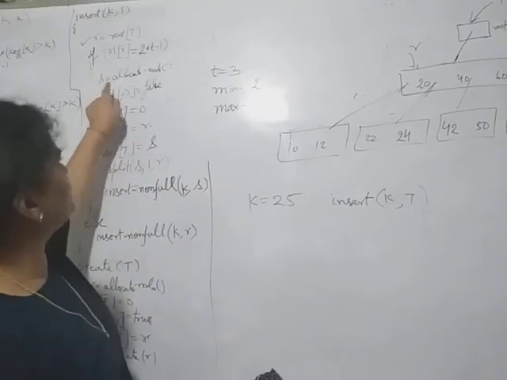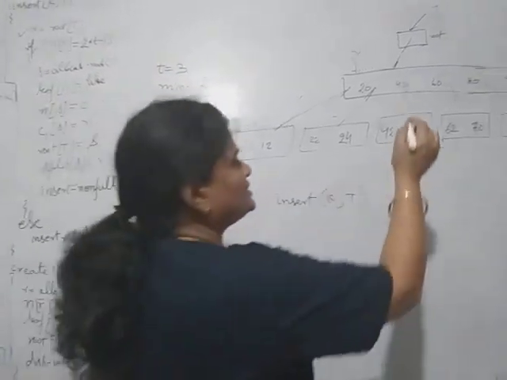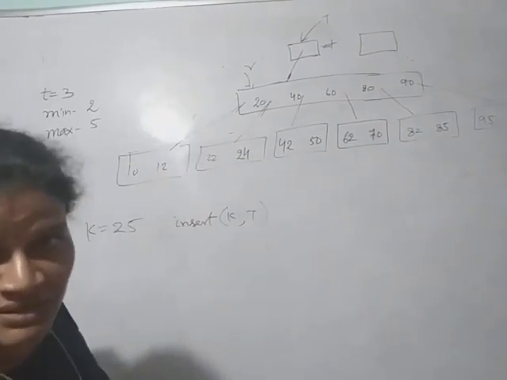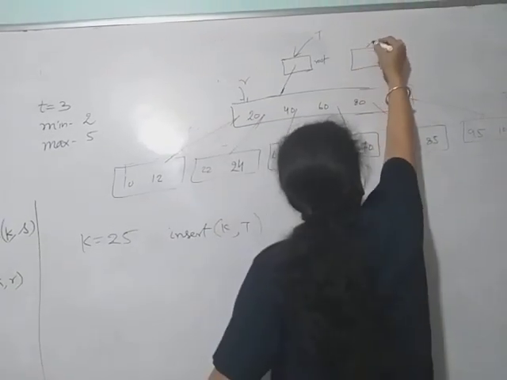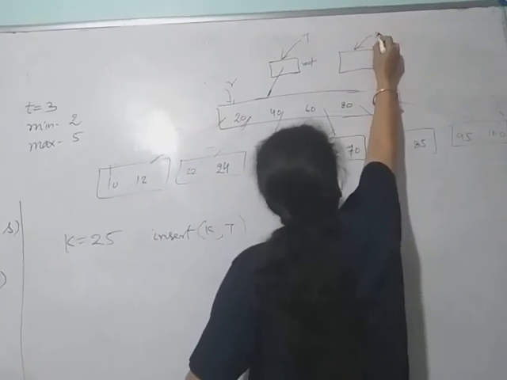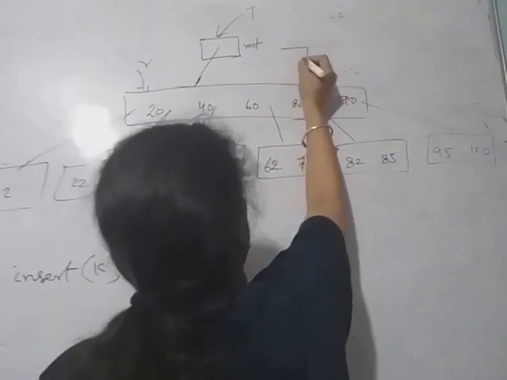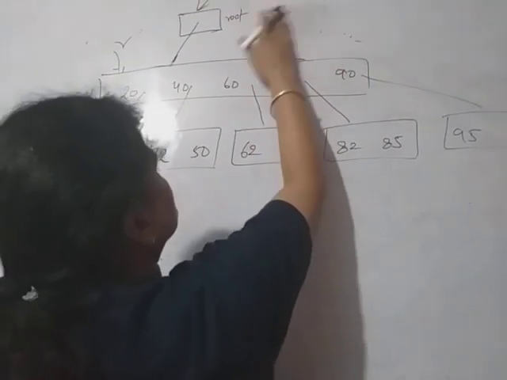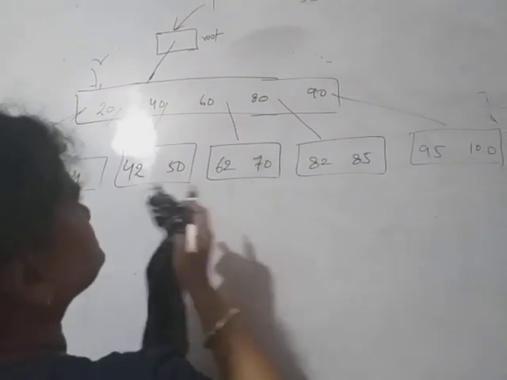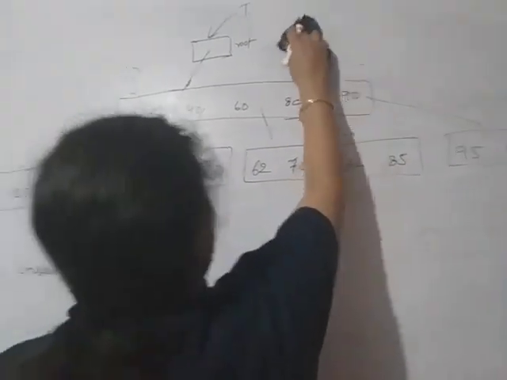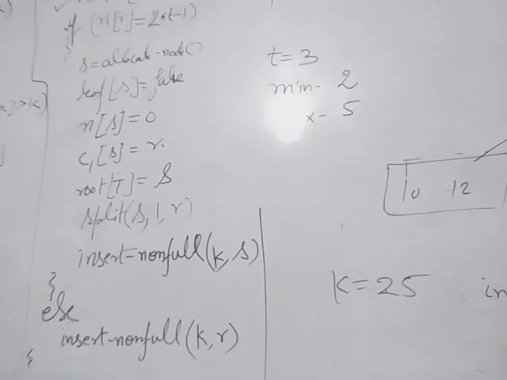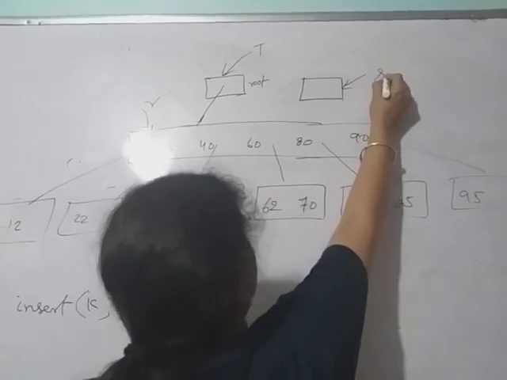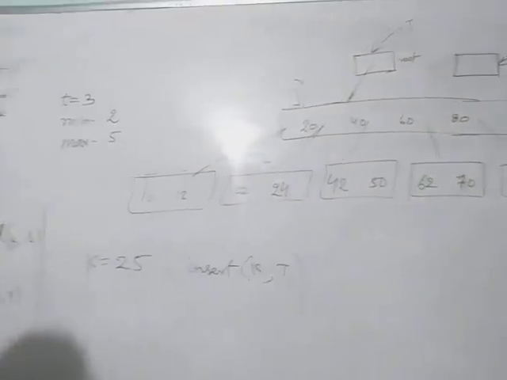So what it does is S equal to allocate node. Memory is allocated for the node, and the pointer to this node is S. Now leaf of S is false.